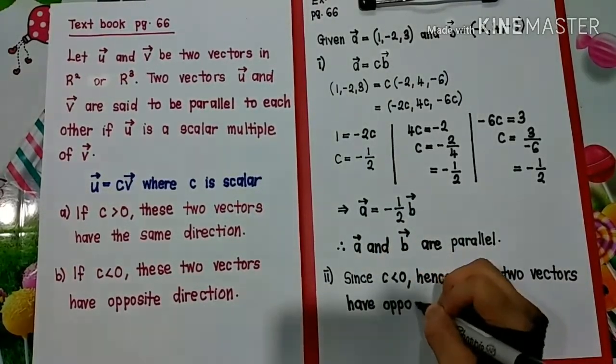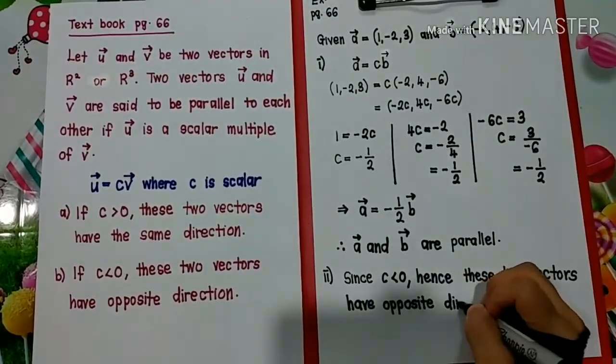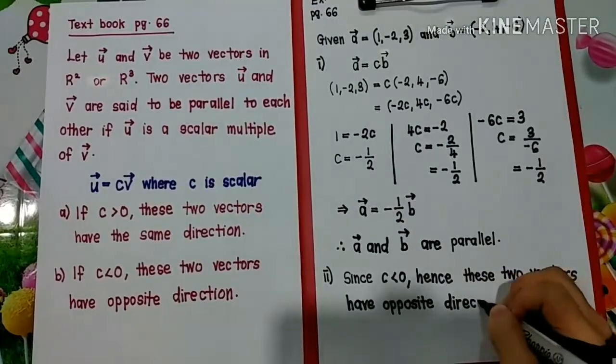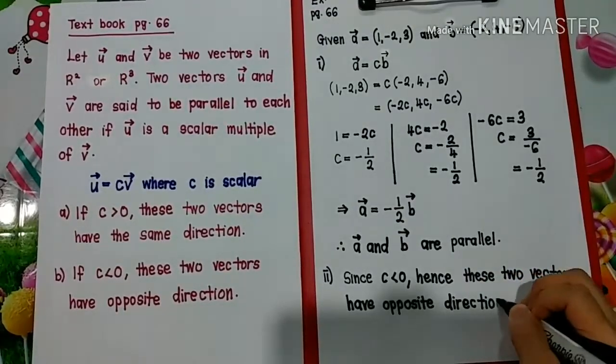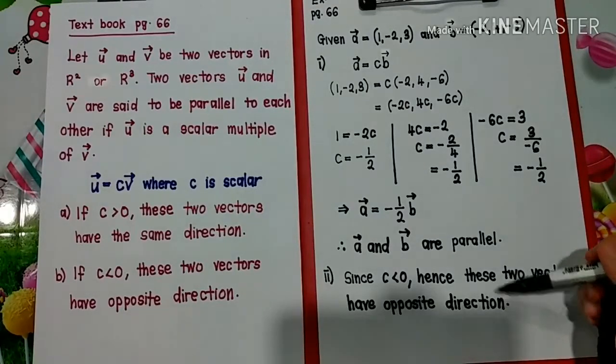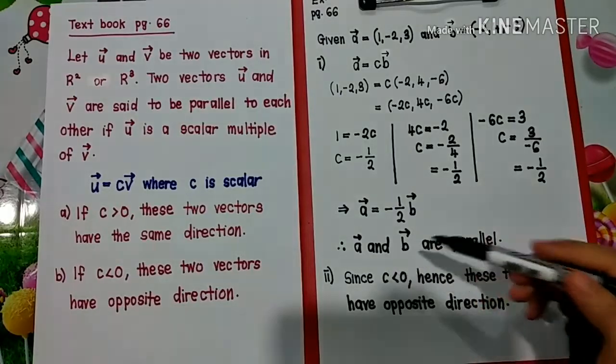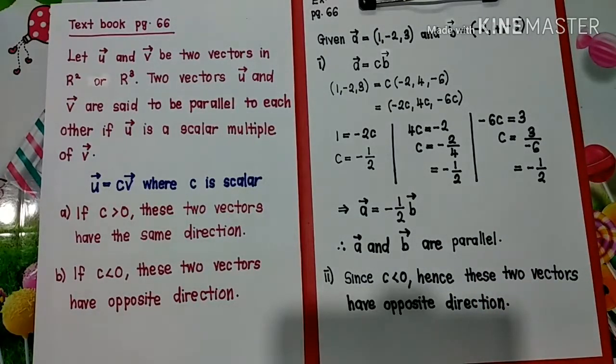That's how you determine whether two vectors are in the same direction or in the opposite direction, by the value of c. As your practice, try to solve the exercise on page number 66.